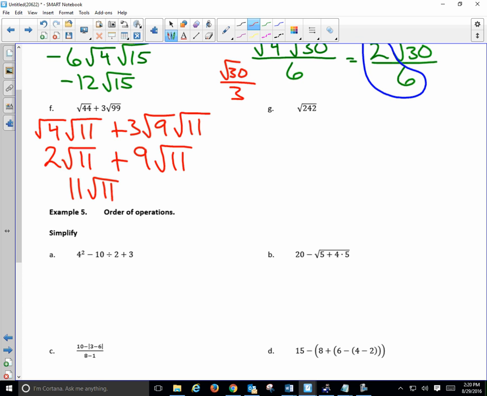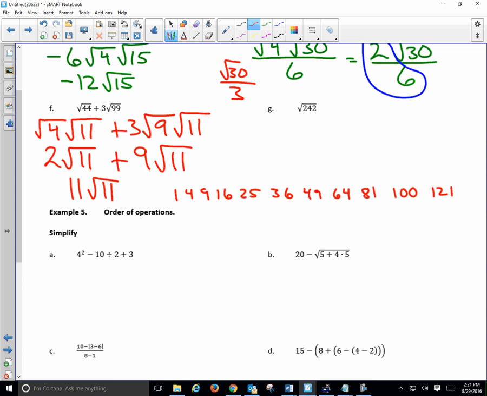Well, the last one before we do order of operations. Square root of 242. Can you think of a perfect square that divides evenly into 242? Nope, 4 doesn't go in. Good try. 121 is a perfect square.